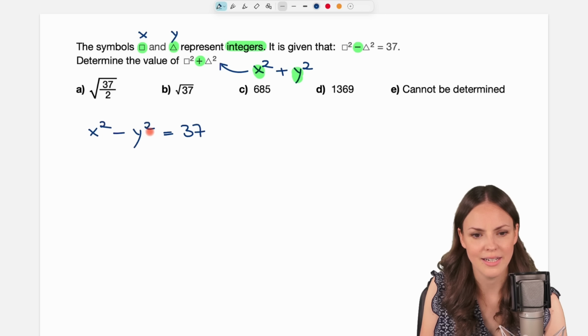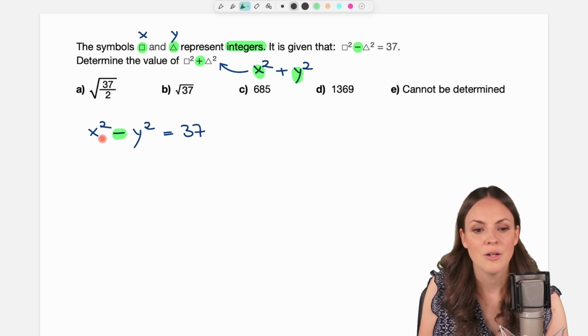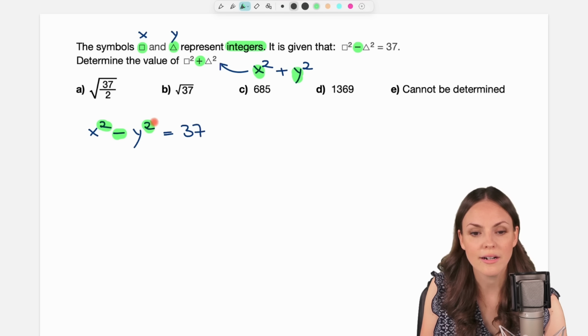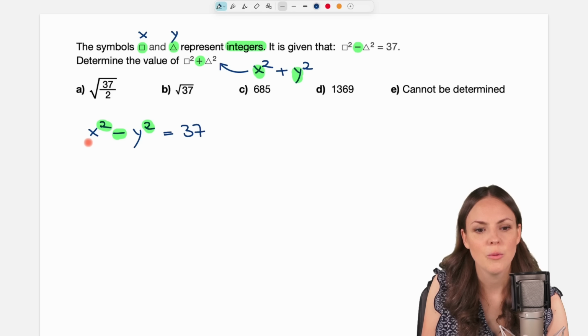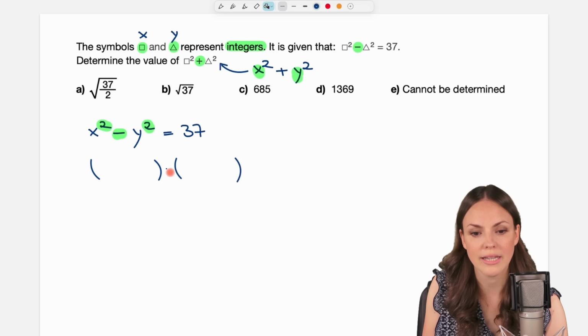Okay, what can we do here? On the left side, we have a difference. On the right side, we just have a number. But on the left side, we have x squared minus y squared. So this is a difference of squares, which allows us to write this left side in a different way. We can write a difference of squares as a product of two parentheses.